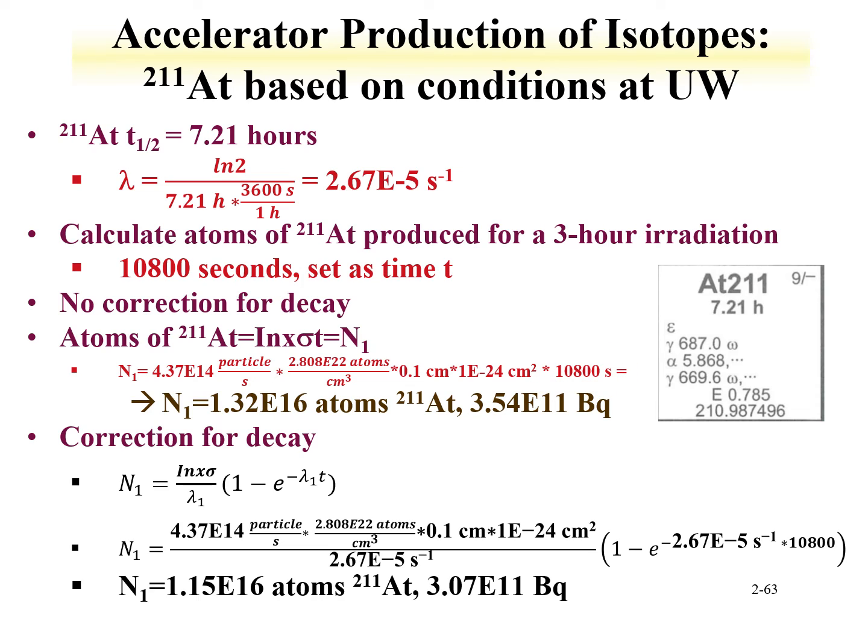One gets the production of 1.3 times 10 to the 16th atoms of astatine-211, and that's equal to 3.5 times 10 to the 11th becquerel, and that's simply found from activity equals lambda N. Comparison to the decay-corrected equation, which is shown here, substituting the terms and the addition of the decay constant.